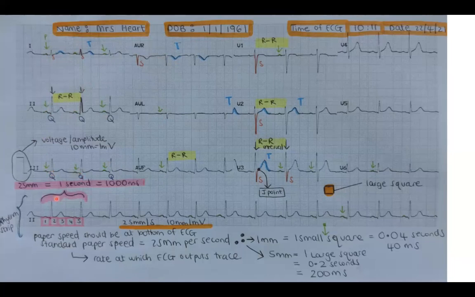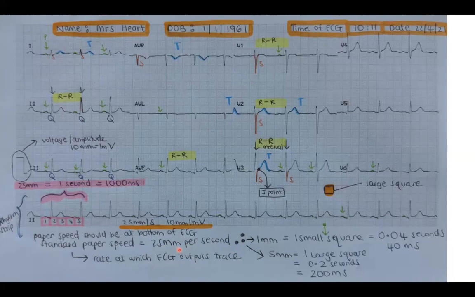Sorry, something else I didn't mention is, after you mention your patient's name, date of birth, time of ECG, it's very, very important to look at the paper speed, because this tells you whether or not this is a standard paper speed of 25 millimeters per second, or if it's 50 millimeters per second, then you need to change how you interpret a small or big square. Generally in exams and on the ward, all ECGs will be a standard paper speed. It's only if someone by accident changes the paper speed to 50 millimeters per second, which I have seen, which is really confusing.